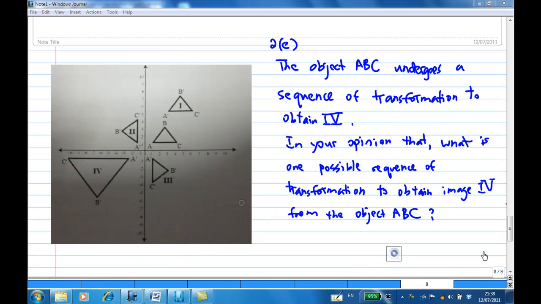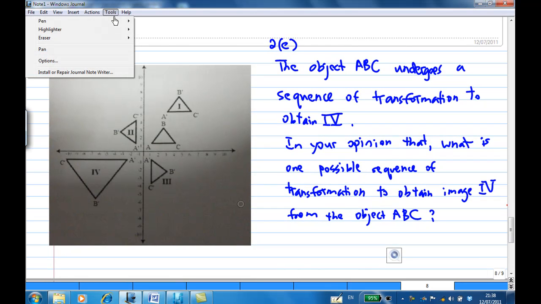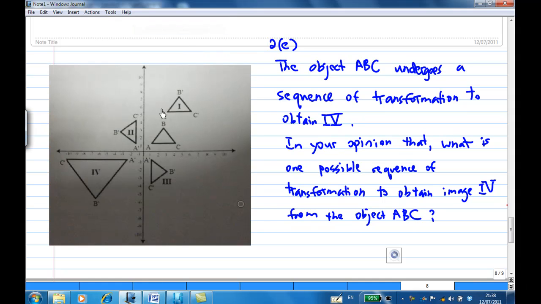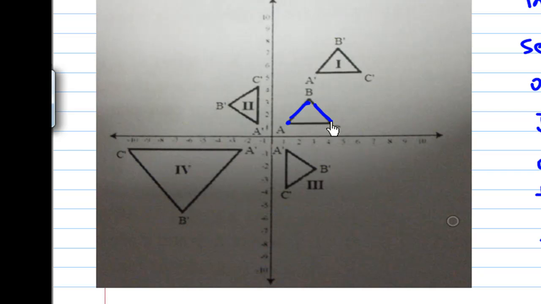The object ABC undergoes a sequence of transformations to obtain image 4. So let's look at the picture. Here is my object ABC, which undergoes a sequence of transformations to get image 4, A prime, B prime, C prime.